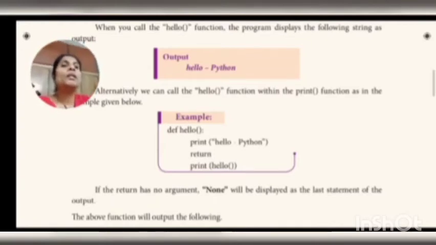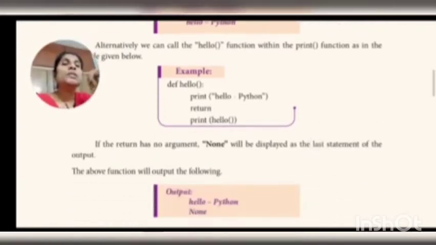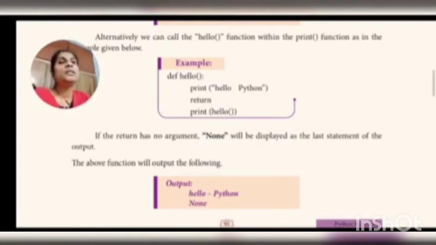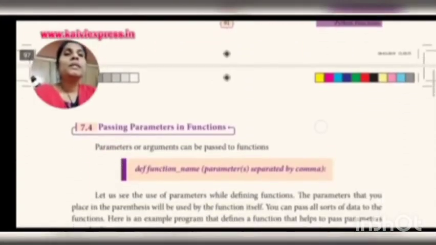So this will call the function. This function does not have any expression, so this will return None. So here you can see it. So when you give this function call within a print statement, then it will return None. But if you just call it somewhere like hello, then this None word will not come. So next we have parameters, passing parameters in function.